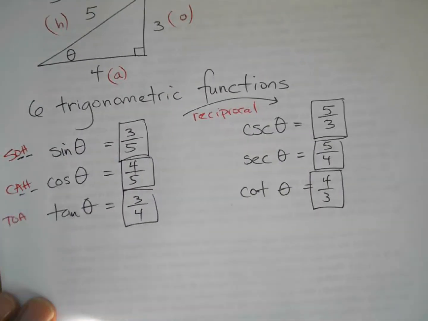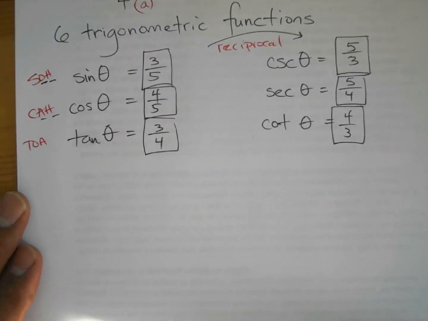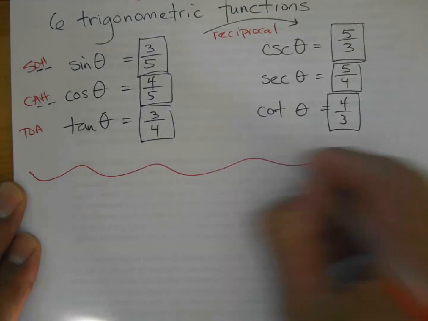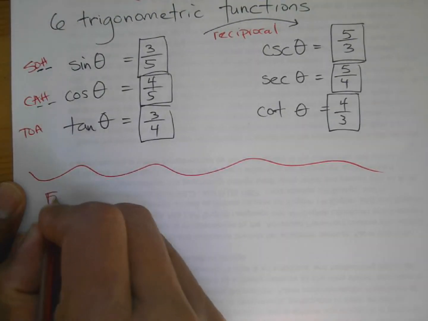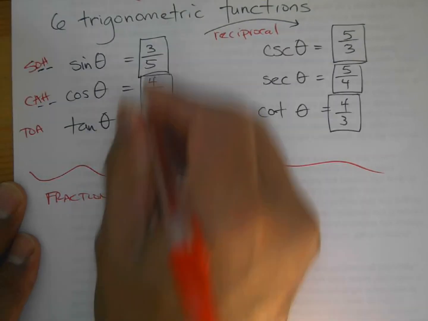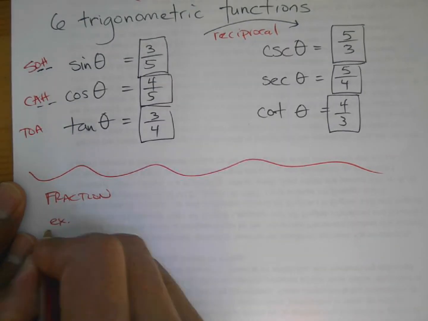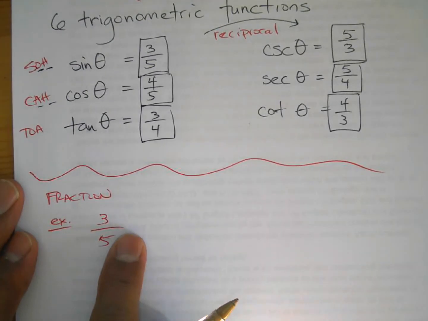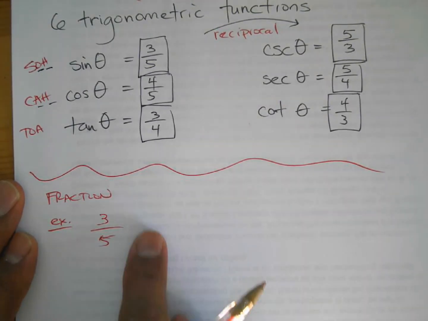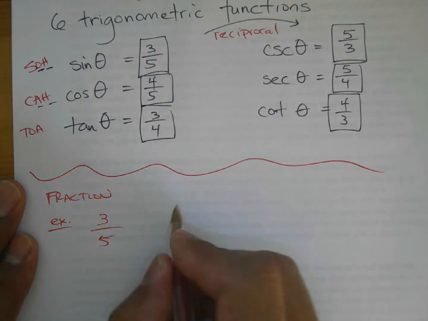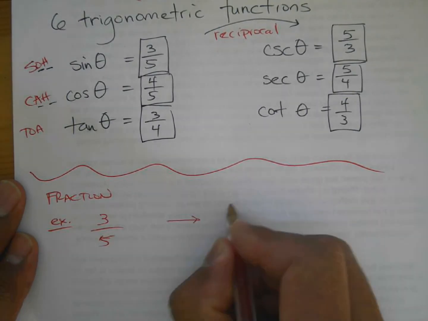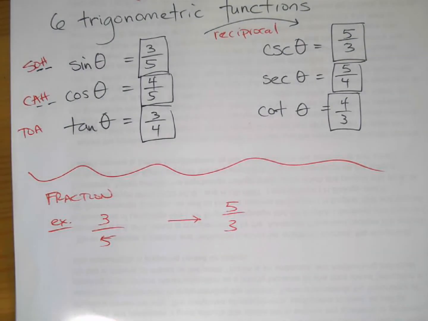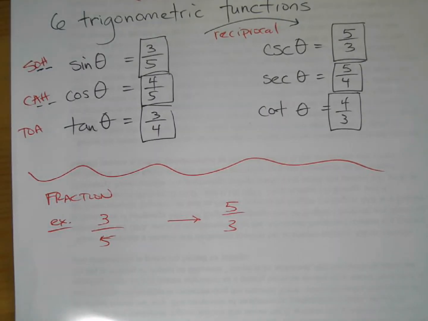Now, let's say you have a fraction, any fraction in math. If I have a fraction like 3 over 5, what can I do in math to make this go to 5 over 3, right? The reciprocal.